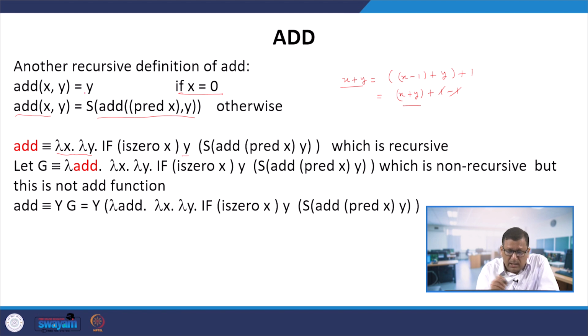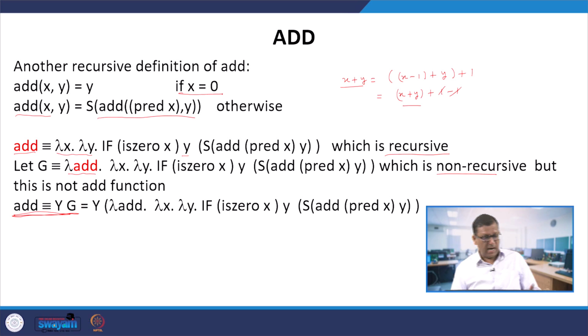If that is not the case, we are doing successor of this whole thing, we are writing add of this one, which is recursive. But we have to write a non-recursive function for add. So we write let g is equal to, this is passed as a parameter now. So lambda add, everything else remains the same. But now this is not the add function. So our combinator knowledge says that add will be represented as Yg. So add is Yg. That will allow us to do the recursion.